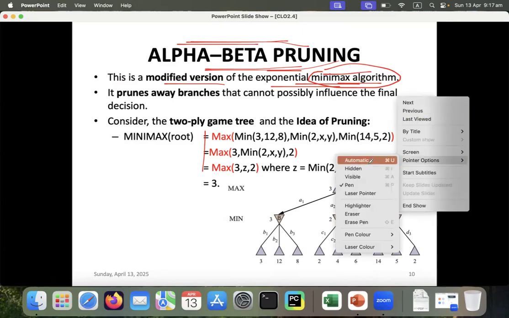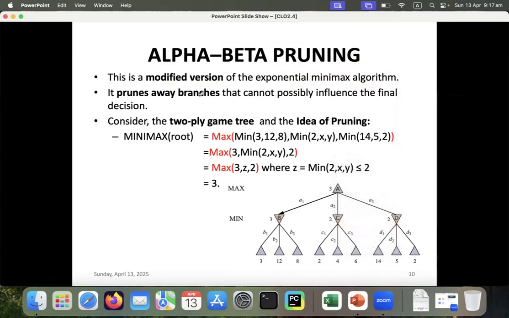So what is the difference? This algorithm will prune away branches which are not contributing in the decision or which are not contributing in the solution. It will prune away or filter those branches which are not possibly affecting the final solution.